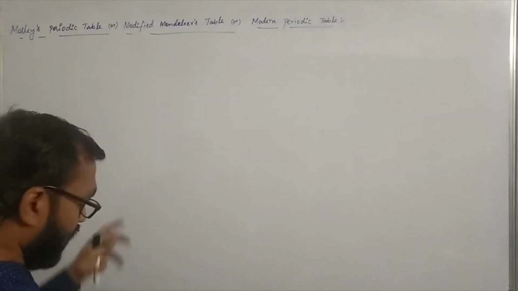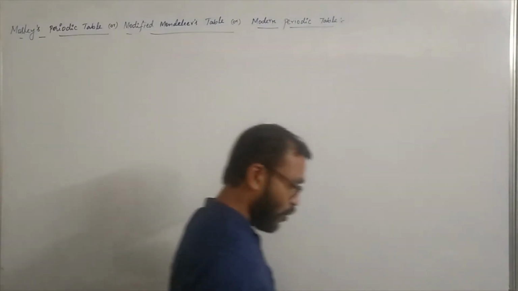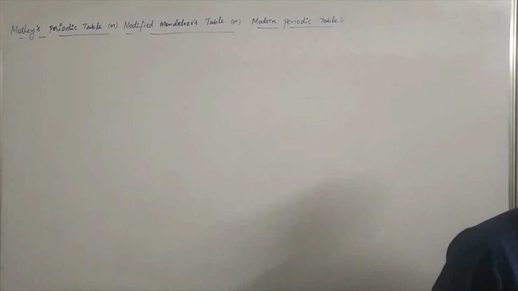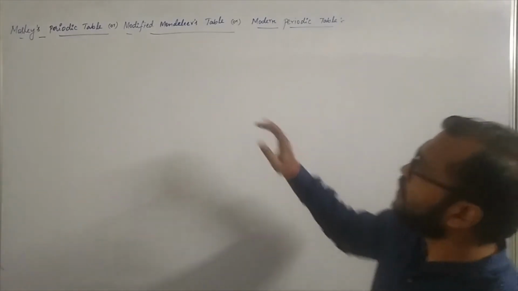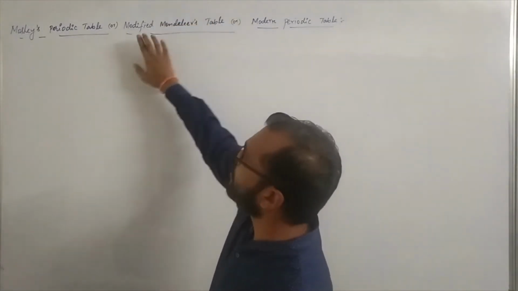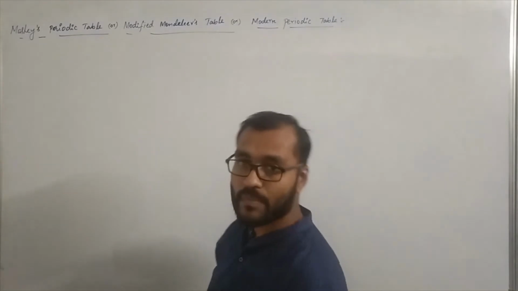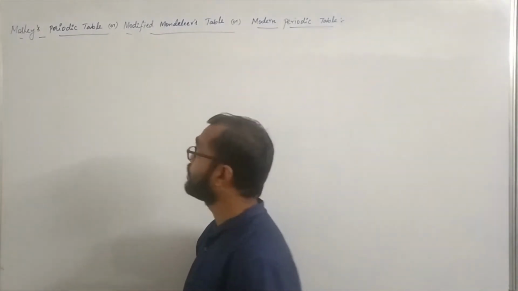By the time of Moseley, noble gases had also been discovered to some extent. So what he did was modify Mendeleev's table. That's why we also call Moseley's table the modified Mendeleev's table.